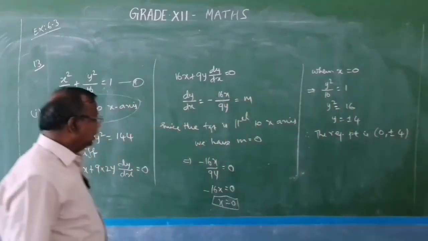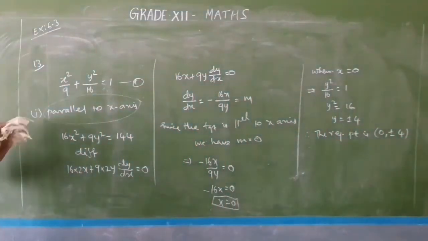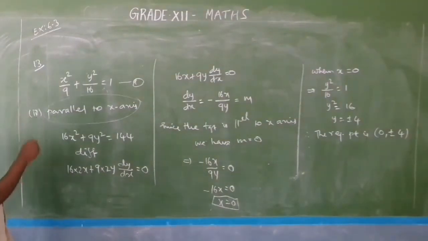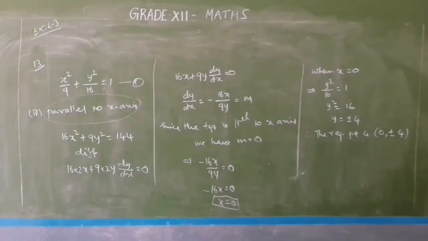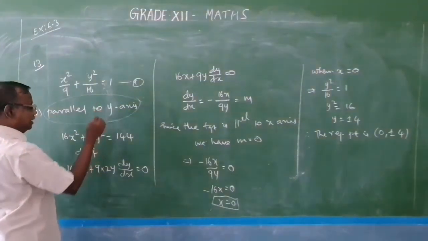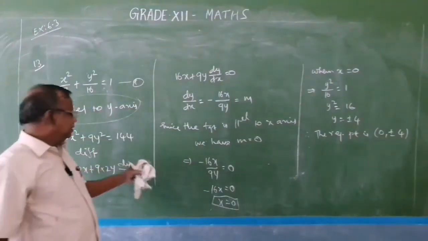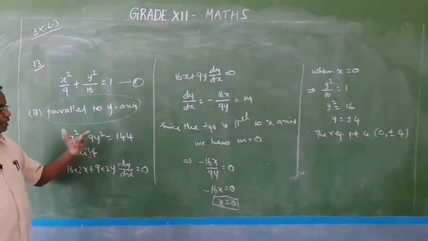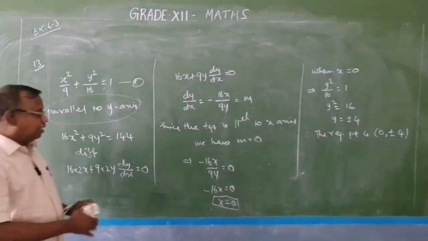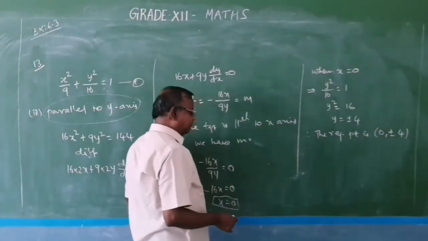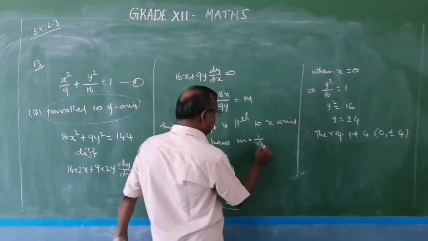Now let us take the second case. If the tangent is parallel to the y axis, the differentiation is common for both cases and only the slope varies. So m is not defined, that means you can take it as 1 by 0.